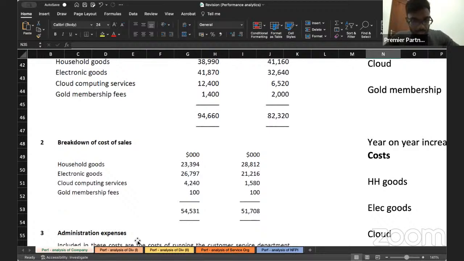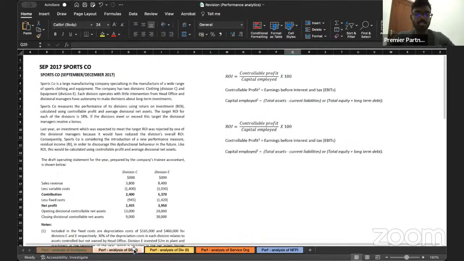Now let's look at a question on performance analysis of companies. Okay, people. Now divisional performance analysis. Very, very important. Very, very easy. People, this can be tested in your section C. If you get a question on section C, people, you're golden. Most of the time, divisional performance can be linked to transfer pricing as well.